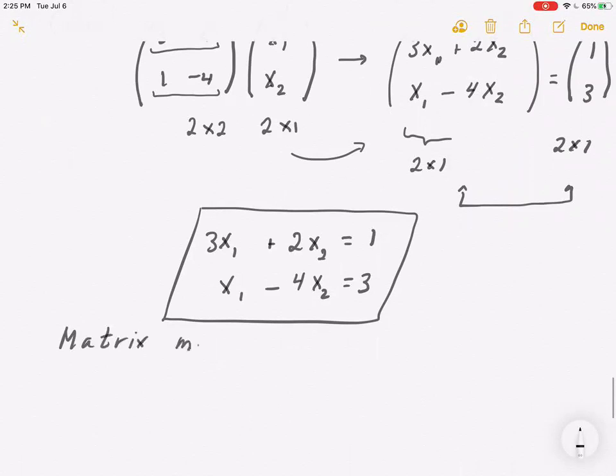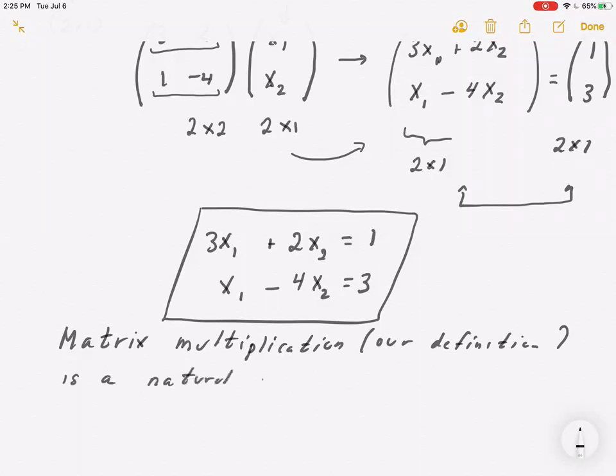So matrix multiplication, at least the way we've defined it, and most people have defined it, is not all that mysterious once you understand that vectors are matrices and you learn about matrix vector multiplication. Matrix multiplication, our definition, is a natural way to express our equations.